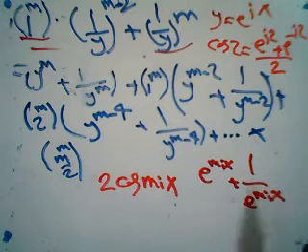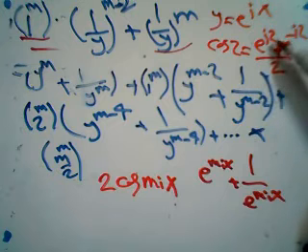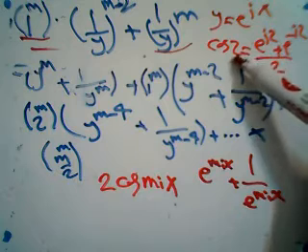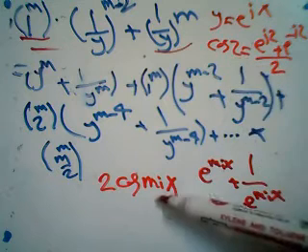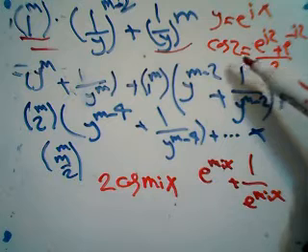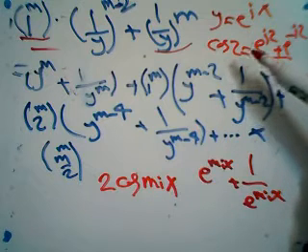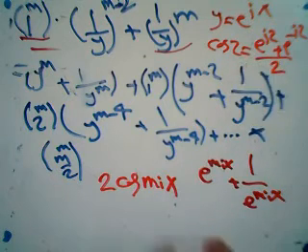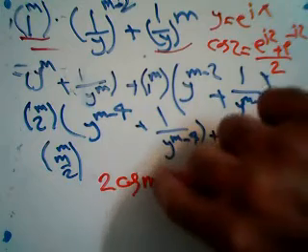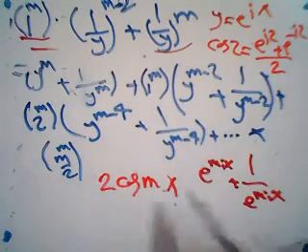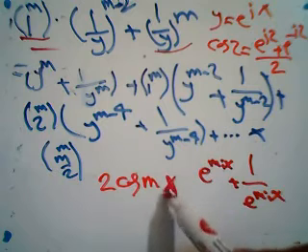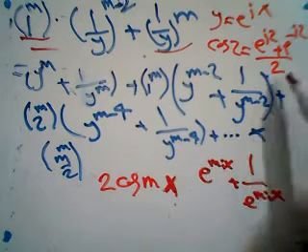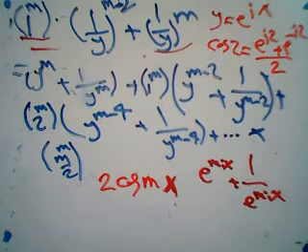So here, instead of z we have mx, so instead of this we should also have mx. I multiply it by 2.